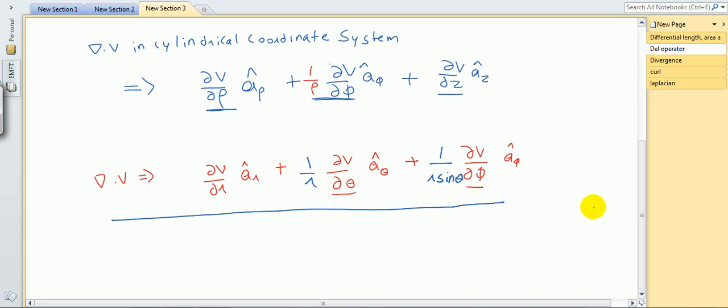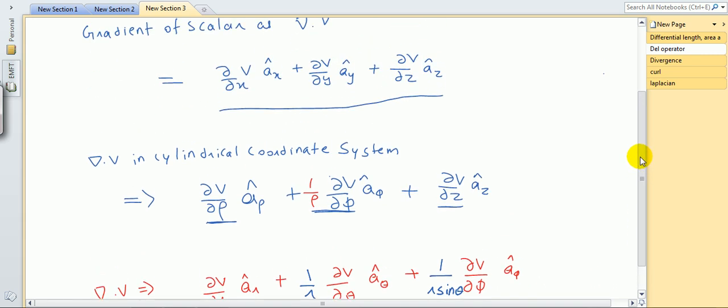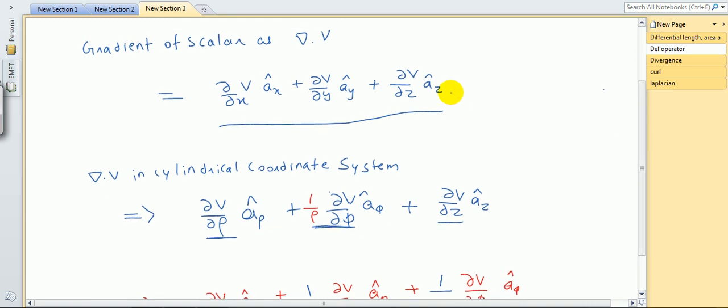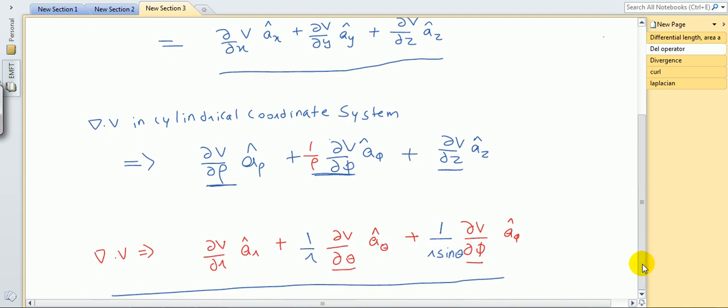Now you can see that the gradient of a scalar is a vector quantity. Each of these terms is a vector quantity.